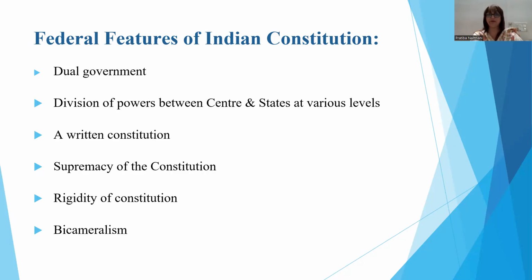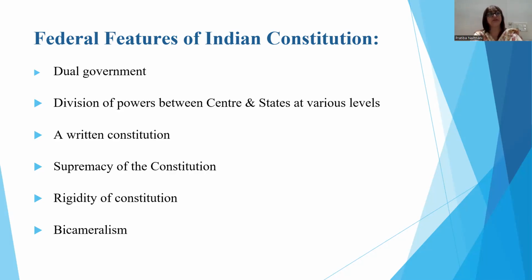Thirdly, very importantly, we have a written constitution. And because we have a written constitution, we are able to protect and maintain the federal character of our country, because a written constitution is difficult to amend from time to time. Frequent amendments in a written constitution are not possible.